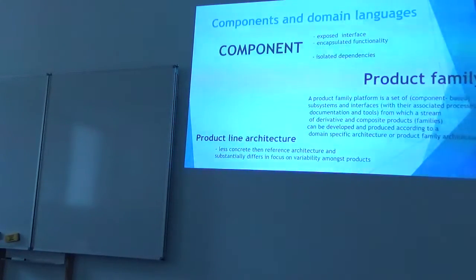The product family platform is a set of component-based subsystem interfaces, and the product line architecture is the architecture based on variability, because the difference from other architectures is the focus on variability amongst products, in comparison, for example, with the reference architecture.